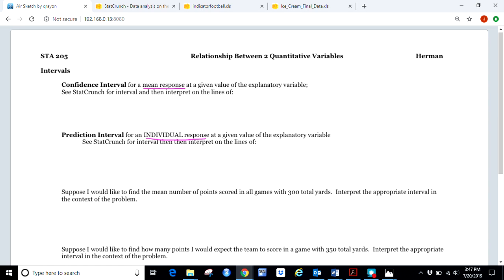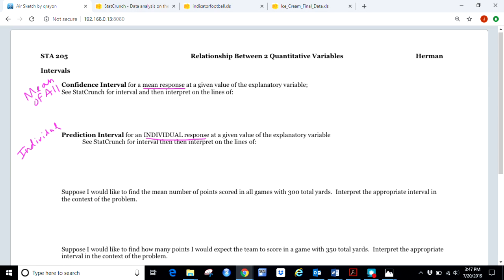You want to know about your individual final exam score. So you would be more interested in a prediction interval. So a confidence interval is focused on the mean of all, where a prediction interval is focused on an individual. So that's just first the difference between those two intervals.